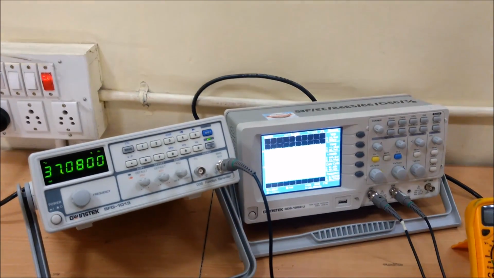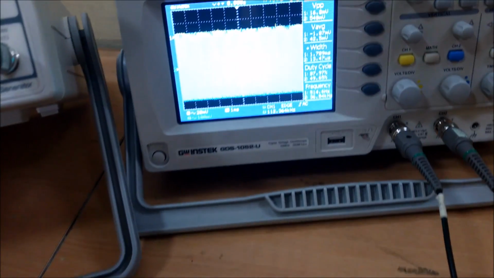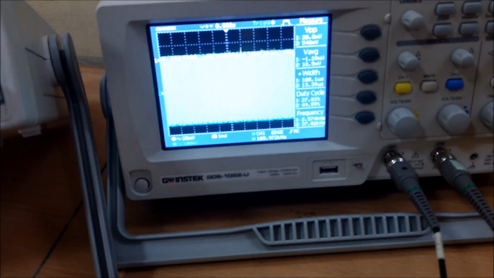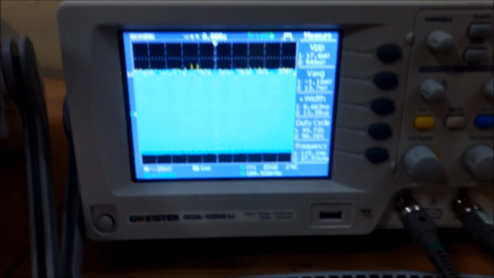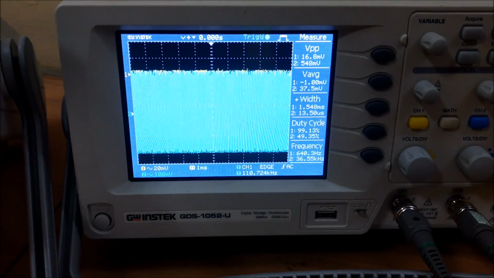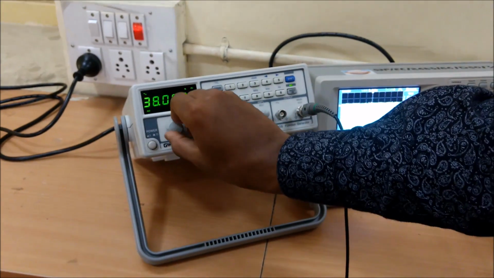At 30 kilohertz we see 540 millivolts, so there is no big out of range change, right? It's almost constant as you increase the frequency.